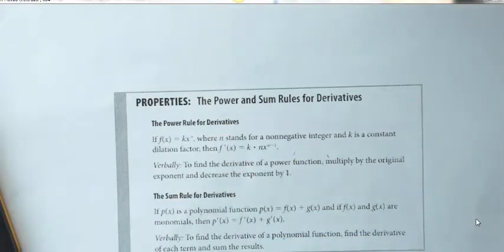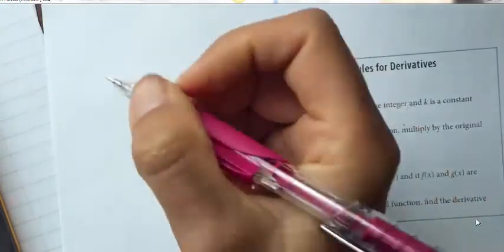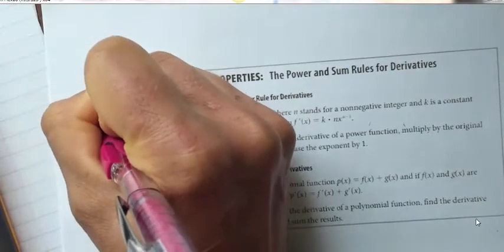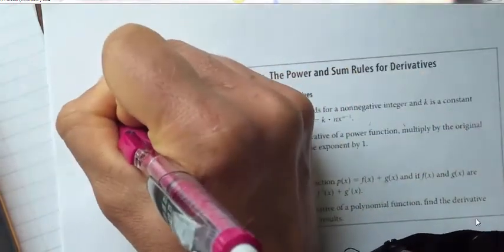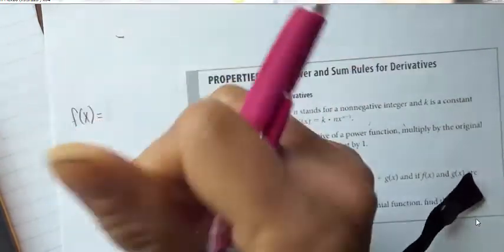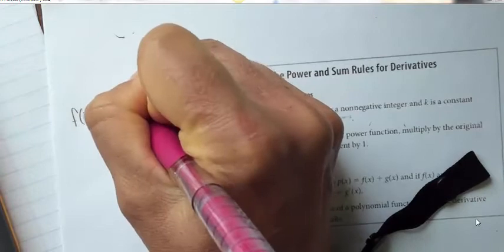So let me go ahead and write that because it's kind of blurry there. If f of x equals, you know what, I'm going to change it up a little because we always use our dilation factor as a. So a times x to the n power.